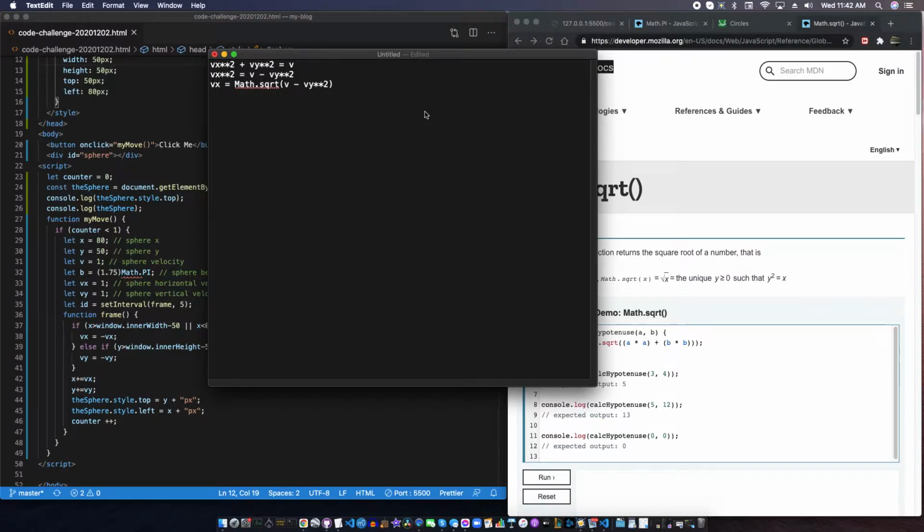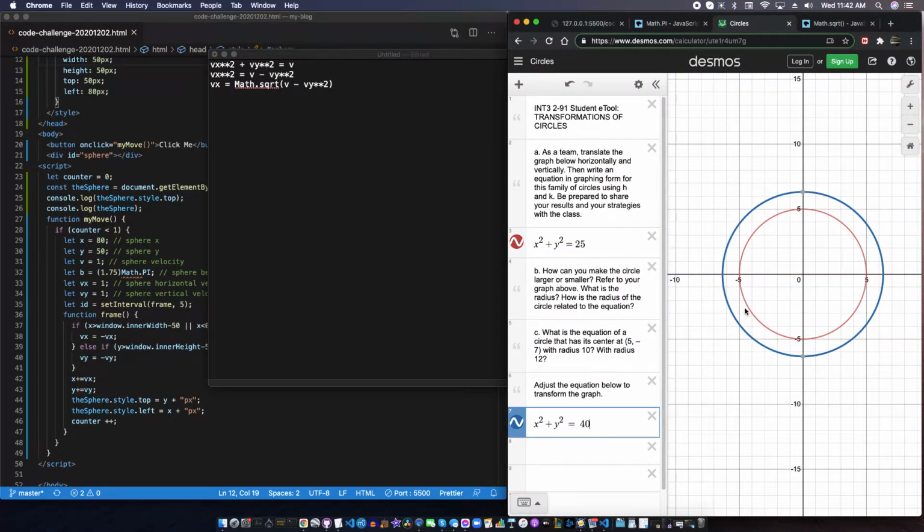I need to find the cosine. I solve for Vx. Vx is going to be the cosine. The sine. So the sine, the cosine of, for example, 45 degrees. Let's create a circle with a radius of 1 and zoom in.